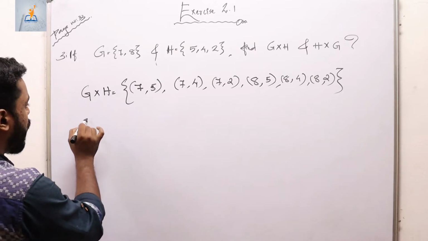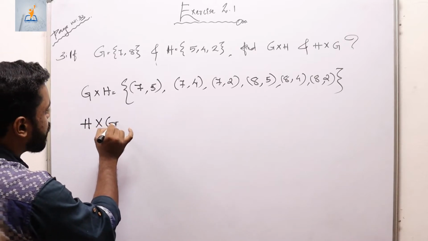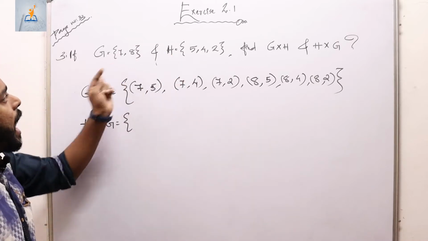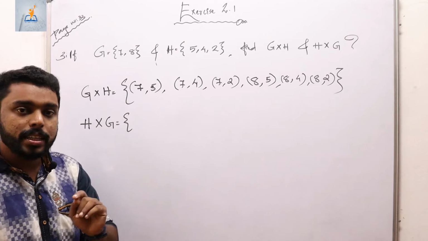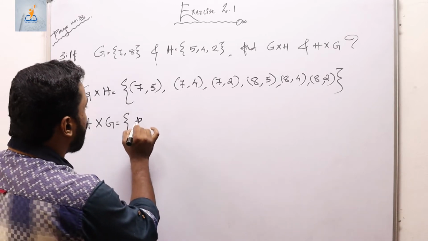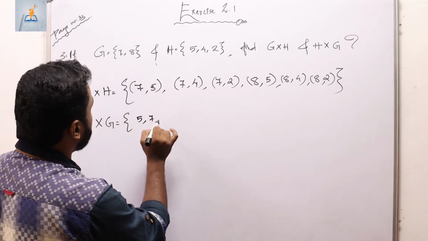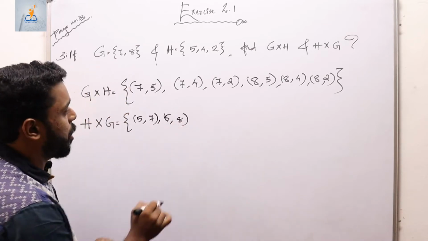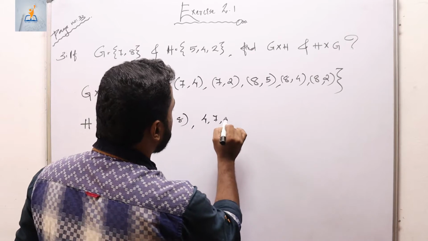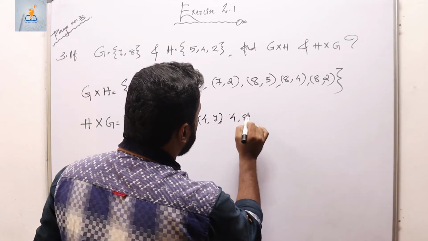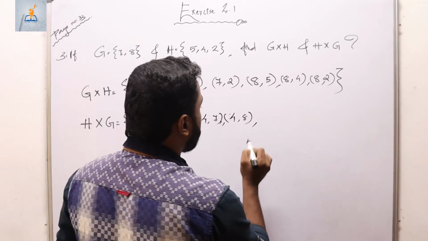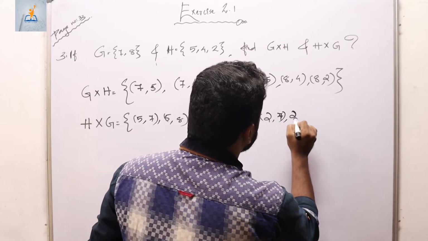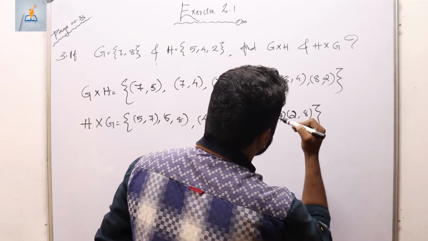Now coming to H cross G. In H cross G, we know that the first element must come from H and the second element must come from G. Then we have ordered pairs (5, 7) and (5, 8) as the first ordered pairs, then (4, 7) and (4, 8) as the second, then we have (2, 7) and (2, 8) as the last two ordered pairs.